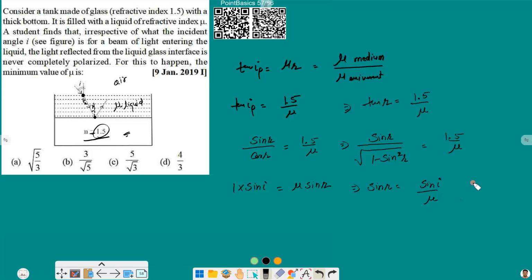Now we can substitute this value here, because it is mentioned that this holds for whatever value of i. So we will reduce this expression in terms of sine of i. So this will be sine of i by mu, divided by under root 1 minus sine square i by mu square, is equal to 1.5 by mu.